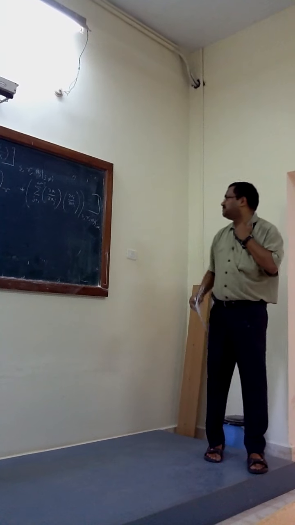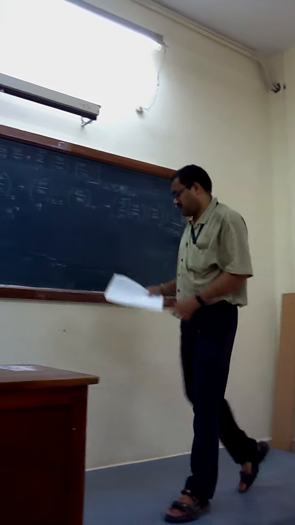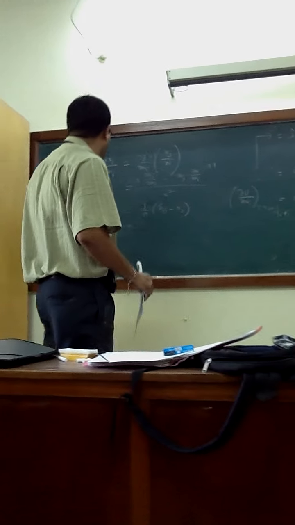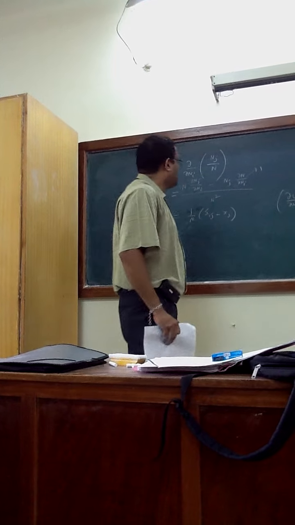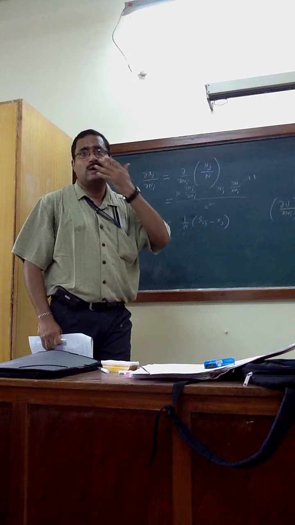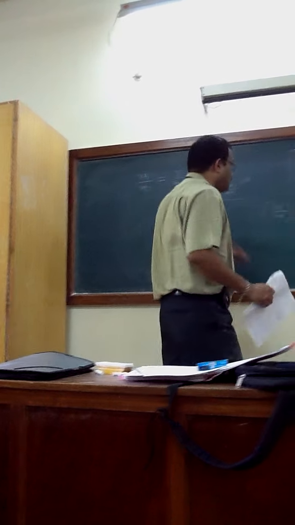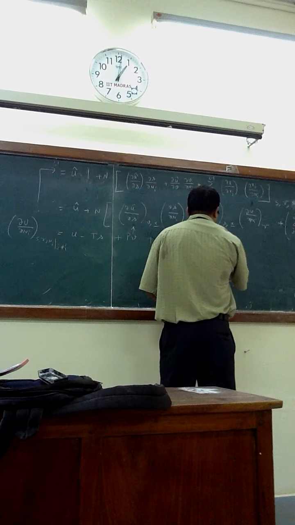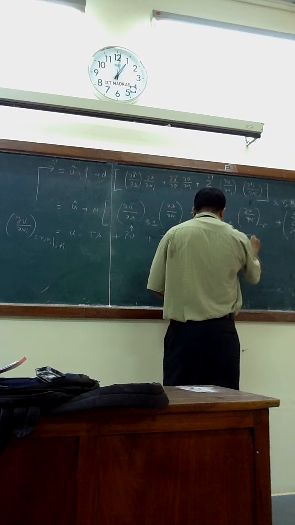This is μj star, and then multiplied by ∂xj/∂ni, which is 1 by n (delta ij minus xj).